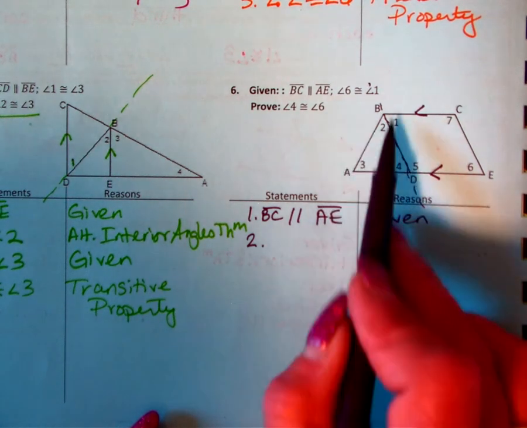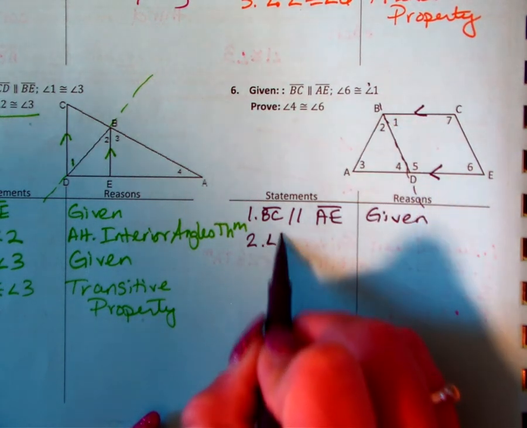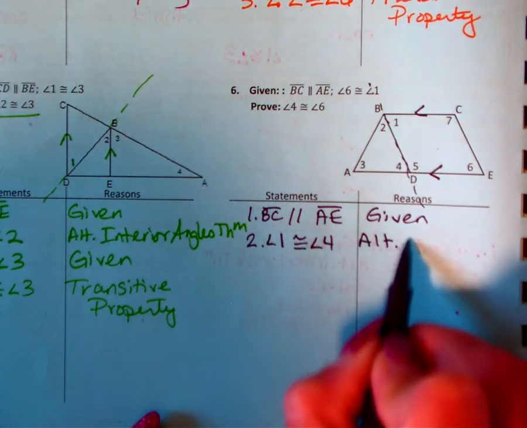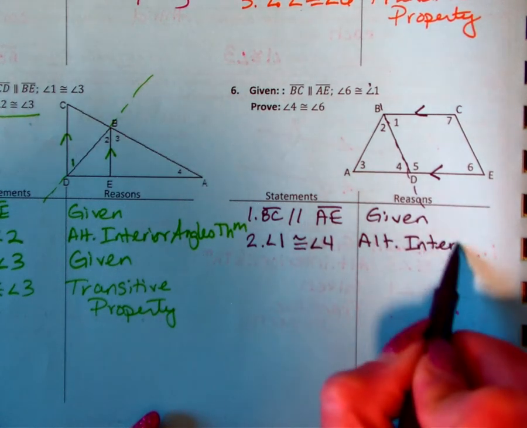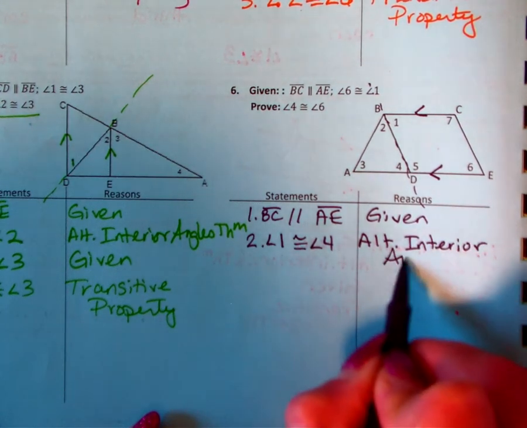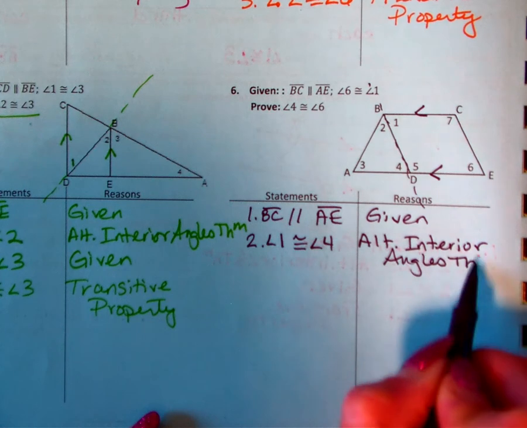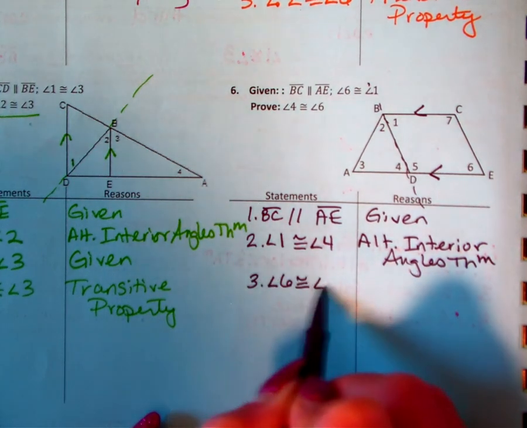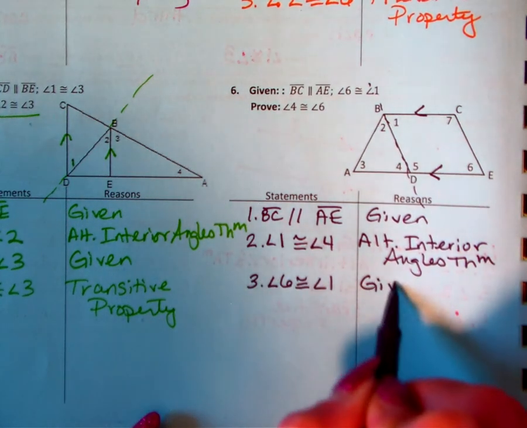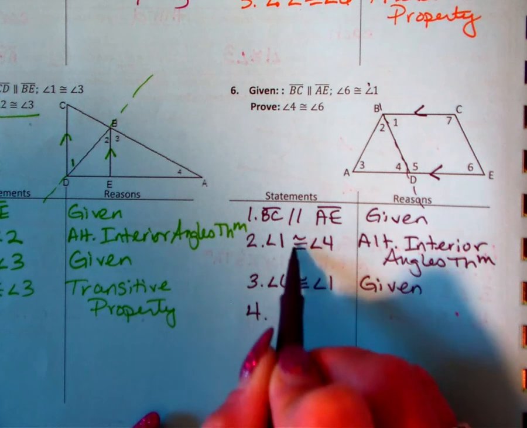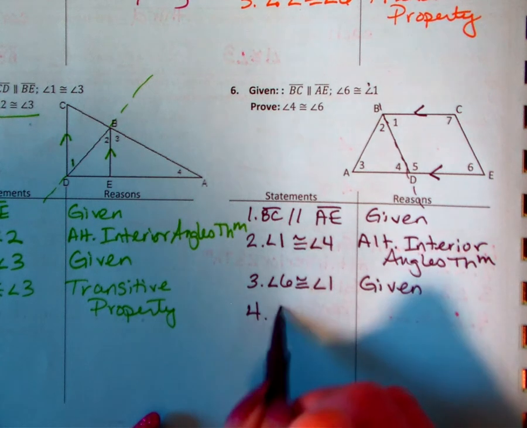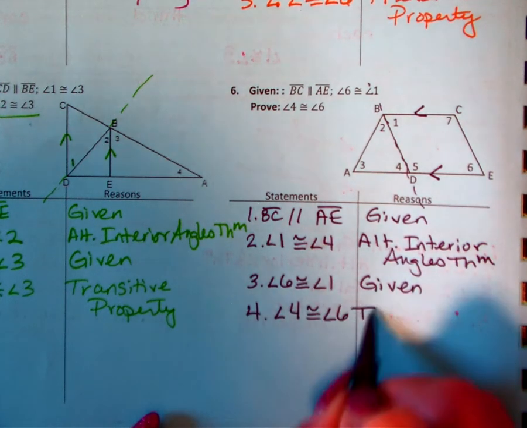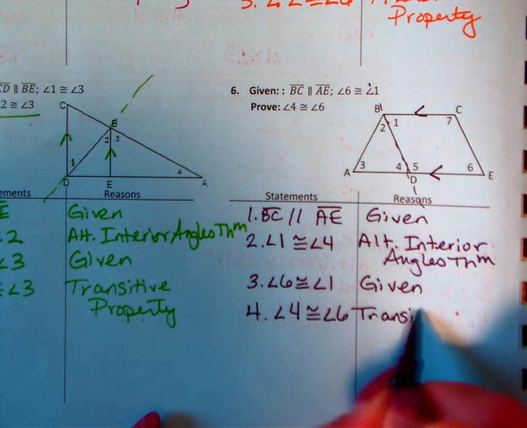Okay, and I can see using angle 1 and 4 that they are congruent because of alternate interior angles. Okay, and then we're given angle 6 is congruent to angle 1. And based on those two, I can conclude that angle 4 is congruent to angle 6 by the transitive property.